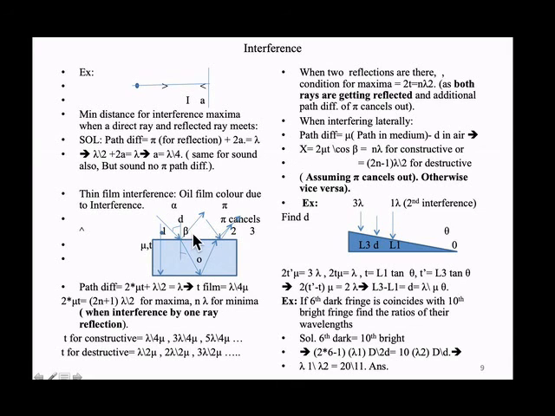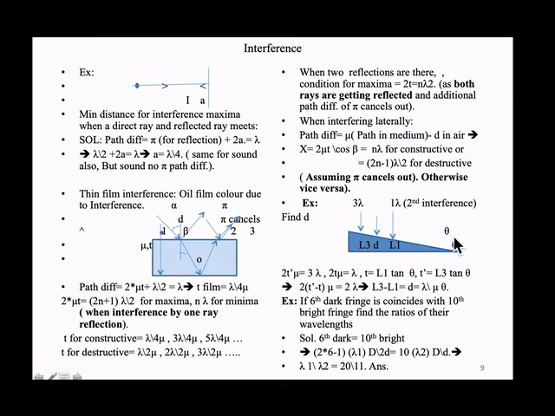Third is an inclined path, more path in the medium, 2μt cos θ, and π also adds, λ/2 as path difference. Then both meet here, one ray without reflection and one ray after reflection. So accordingly the π is to be added to the path difference.